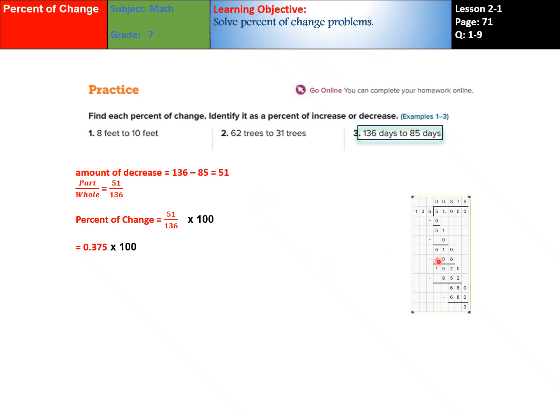Here I did the division first. 51 over 136 gave me 0.375. When I multiplied it by 100, it shifted the decimal point two places, right? So it became 37.5. So the change is 37.5%.